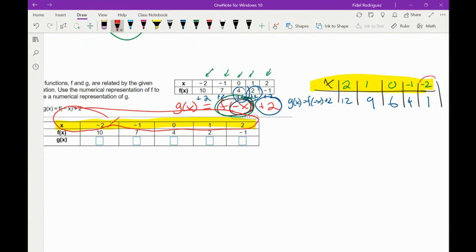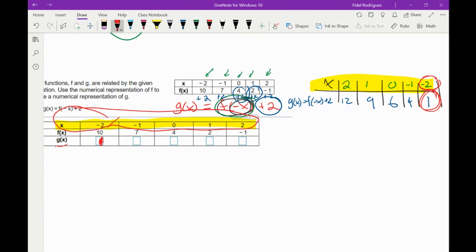When x is negative 2, what is the y number we have? So we're going to put a 1 right there. Okay, so look, all you're doing is you're just rewriting it. Isn't it when x is negative 2, the g value is 1? Right? So isn't this telling me what the g value is? So I'm going to write it right here.